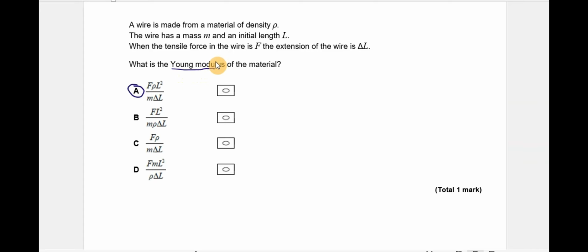So we can start off by just looking at some equations you're given. The Young modulus, which I think I'll just abbreviate to Ym from now on, is equal to the tensile stress over the tensile strain.